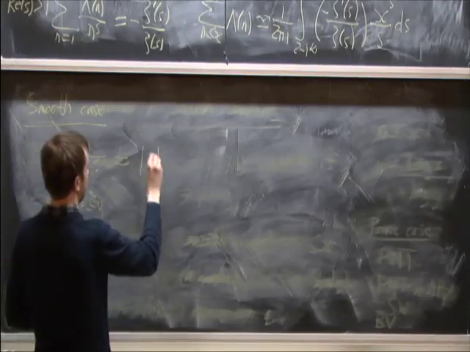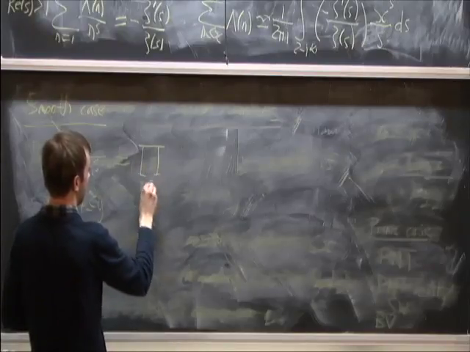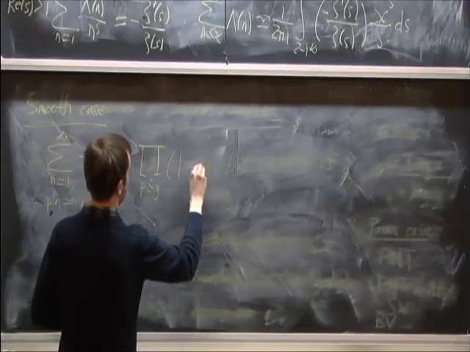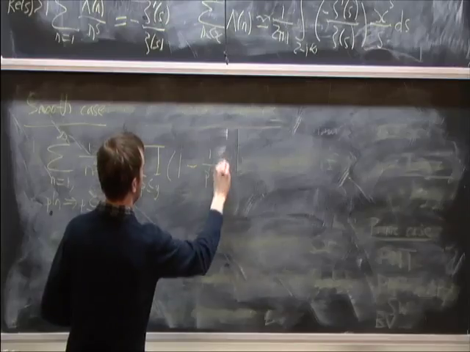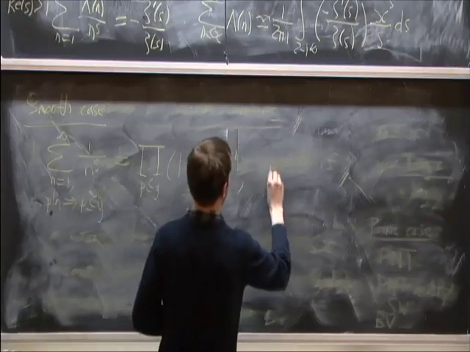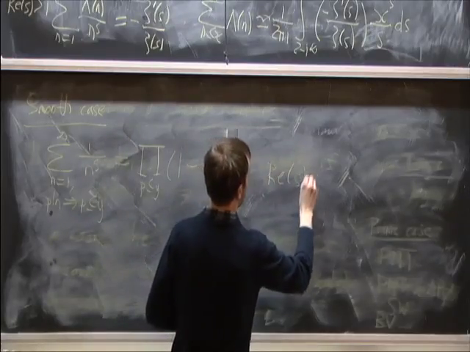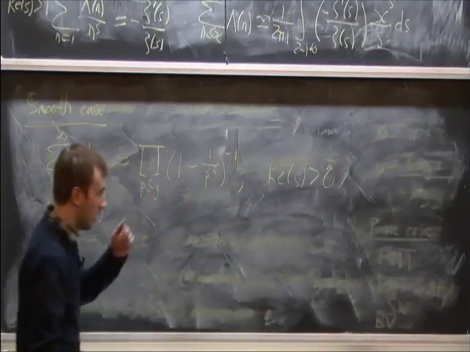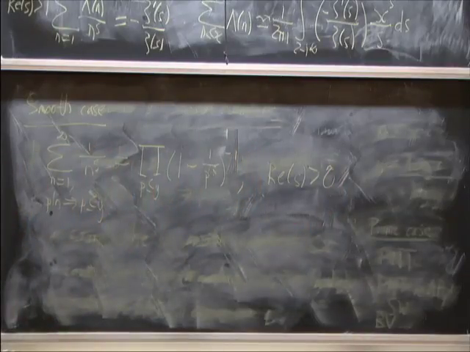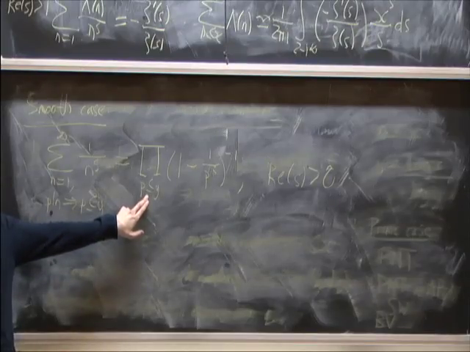Now I can write this as a finite Euler product. And this now converges absolutely whenever the real part of s is strictly larger than 0, because there are only finitely many terms in the product.